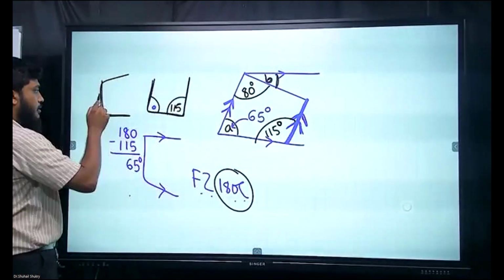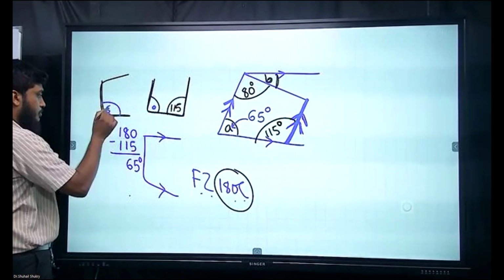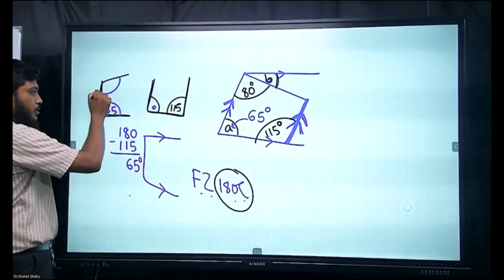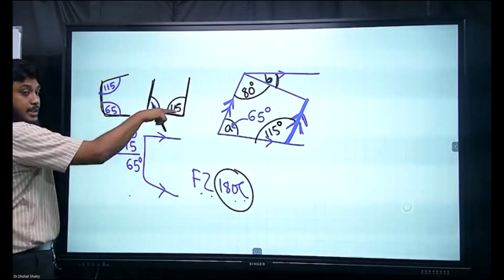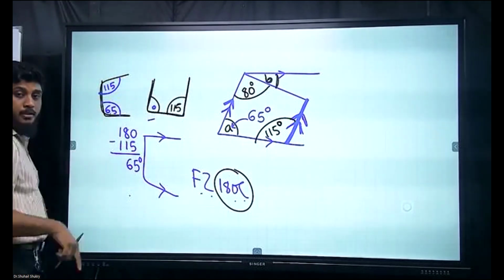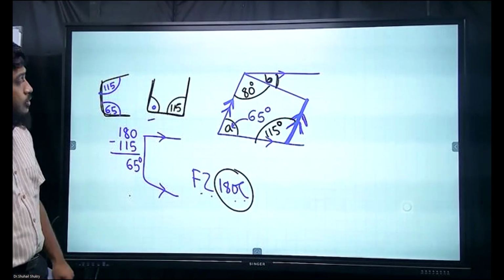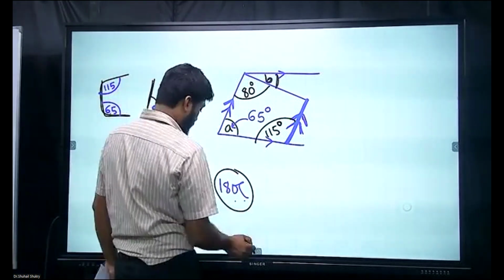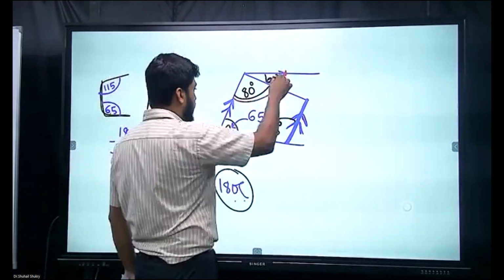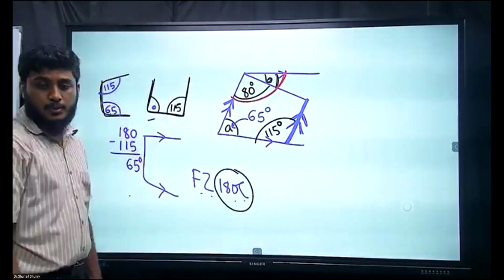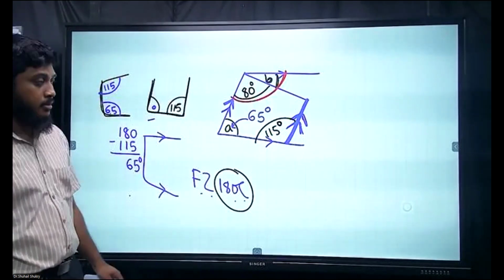If you see from this side it is 65, then this side should be how much? 115. Like this, both make 180. So this full set is 115.